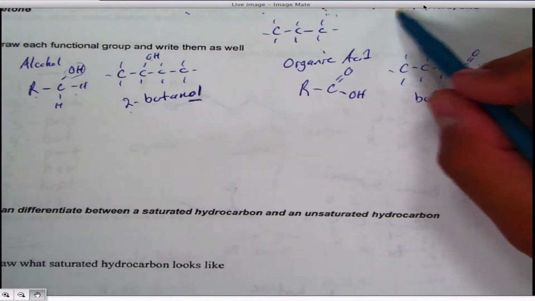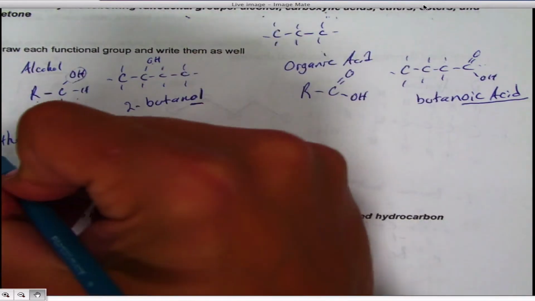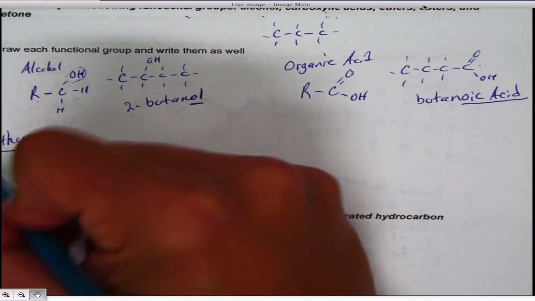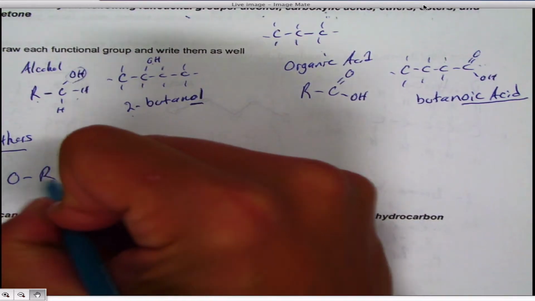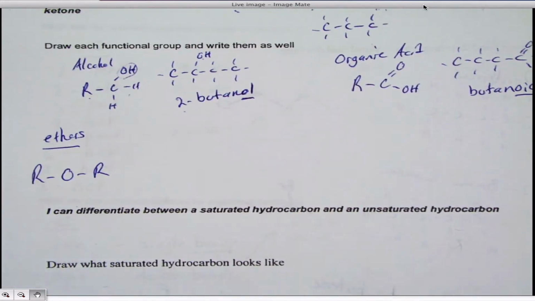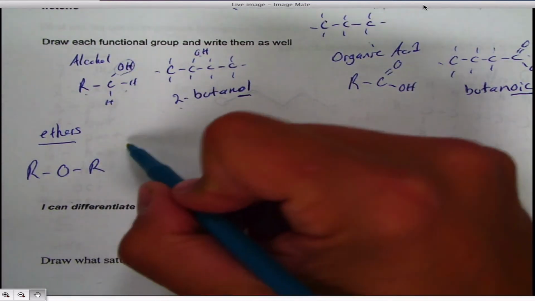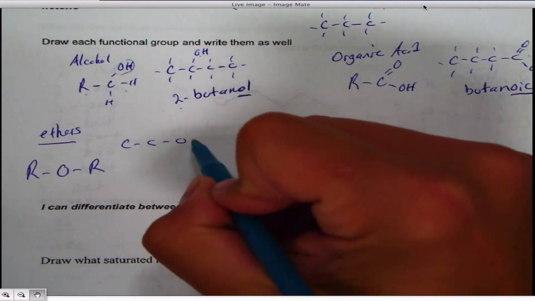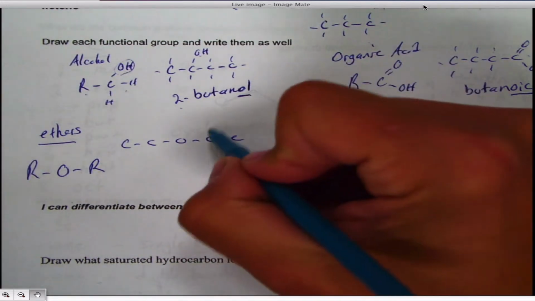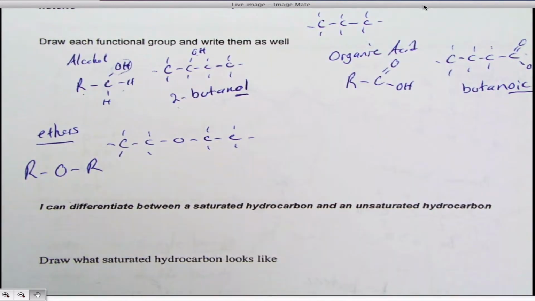Next one, let's talk about ethers. Ethers are going to have any number of carbons, and they're going to have a sandwiched oxygen in between them. So for example, let's use our 4-carbon example like we've been doing. Here's my hydrogens. Don't forget about those. Some people forget about them. And we have an oxygen in the middle of our main chain.